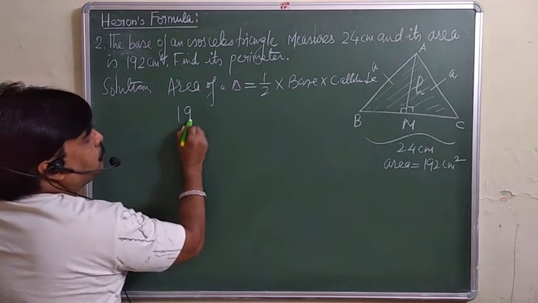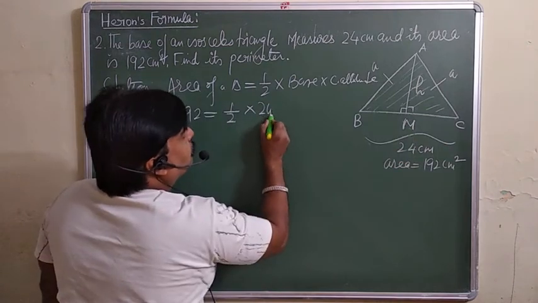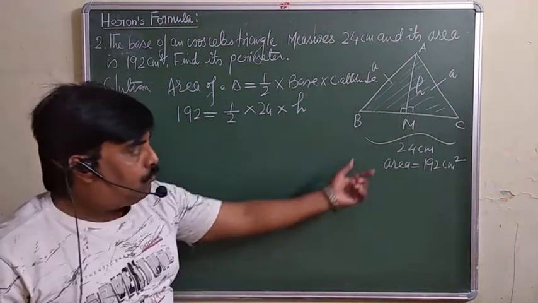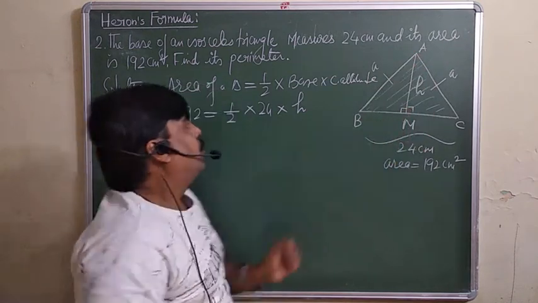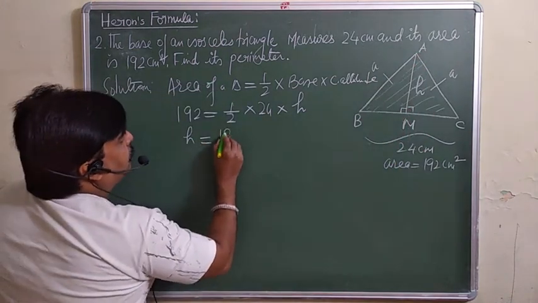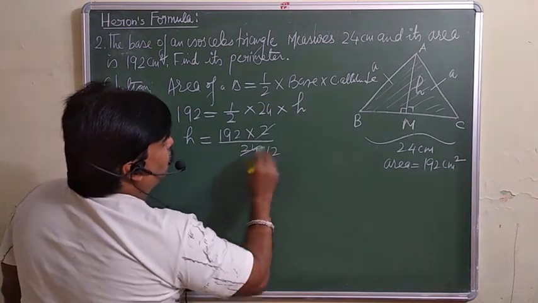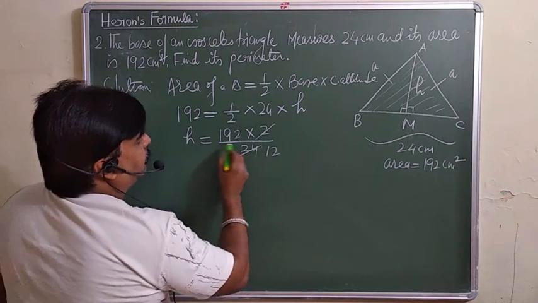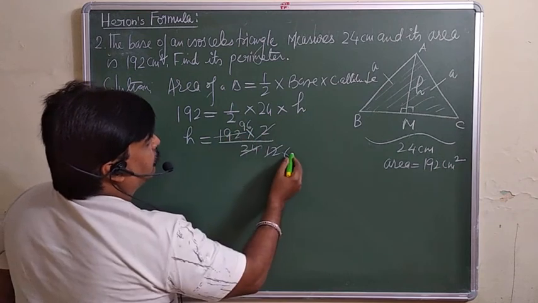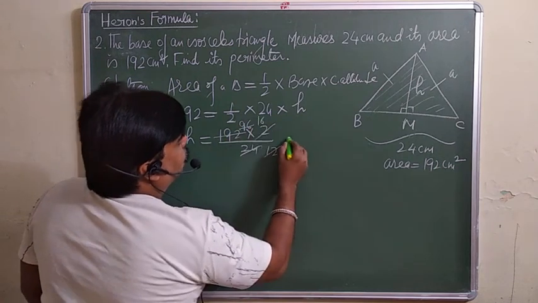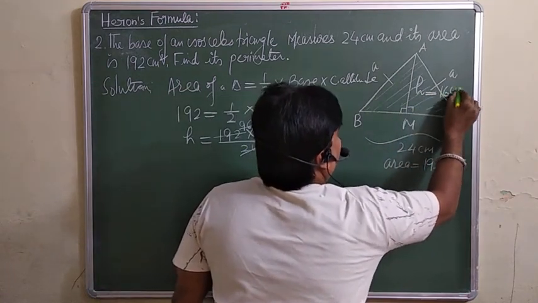So the area is already given, 192, equals 1 over 2, and the base is also given, 24, into H. We are supposed to apply the general formula. उससे क्या होगा, we can find out this H. So H will be equal to 192 into 2 over 24, 12, 2 6. So H is 16 centimeter. So this height you are getting is 16 centimeter.